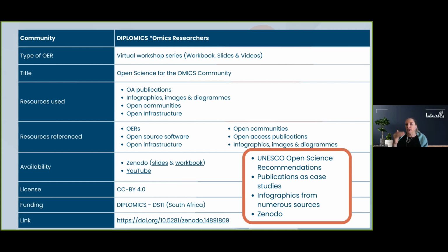So you can determine quite a lot about a laboratory's open science practices by reading a paper that they've written. Again, we've used Zenodo as an open infrastructure to share this resource. Videos are available on YouTube. All of this is again licensed under Creative Commons with attribution.